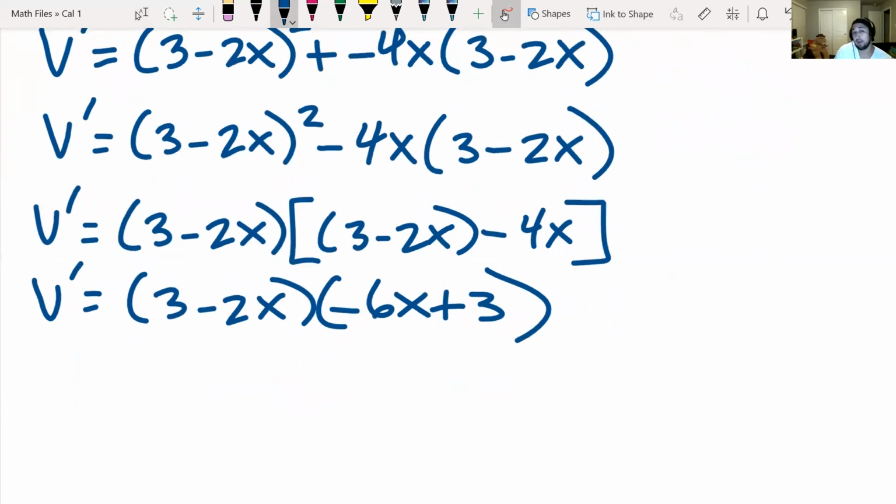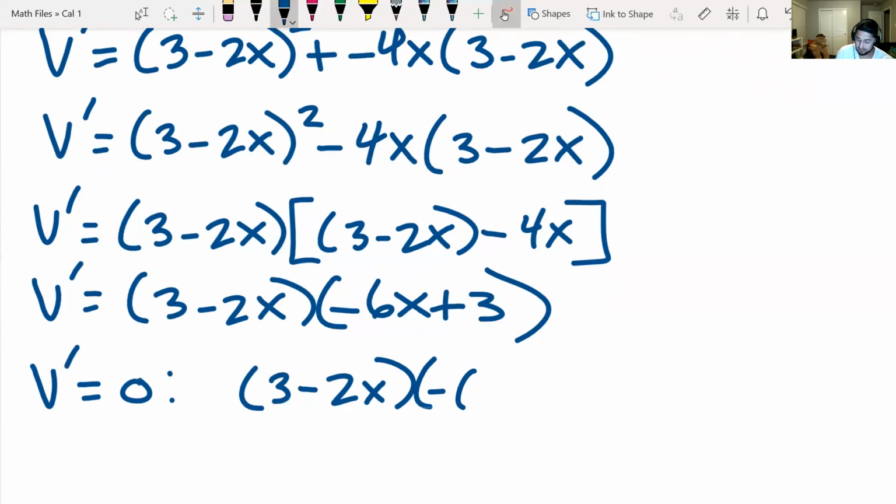Yes, you can factor more out, but we don't have to. We can now set V prime equal to 0, which means you get 3 minus 2x times negative 6x plus 3 equal to 0.